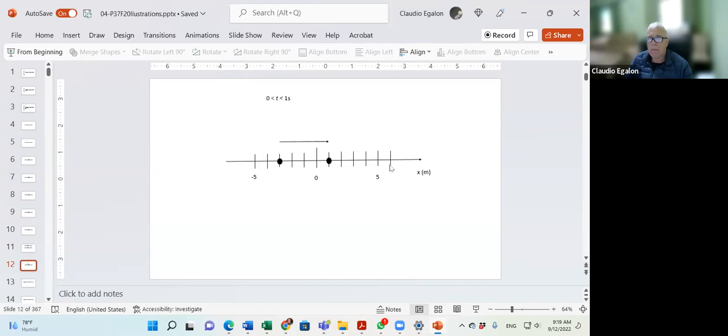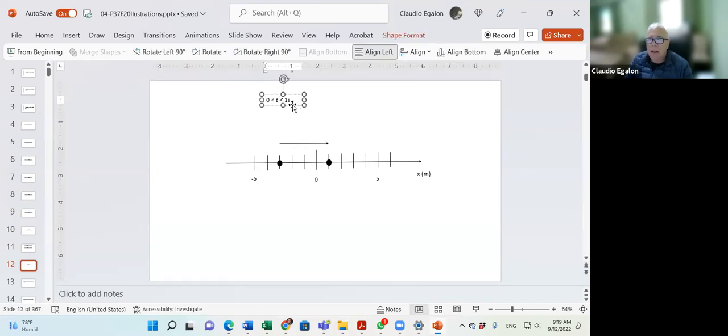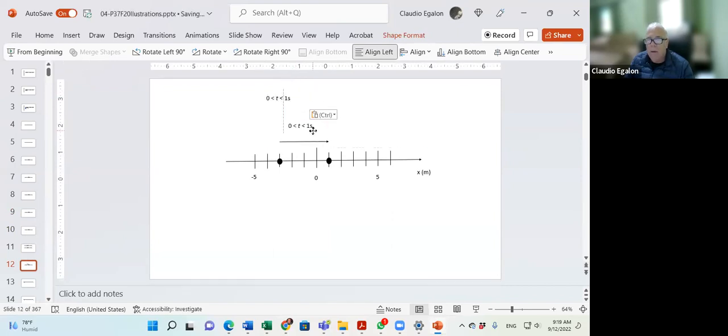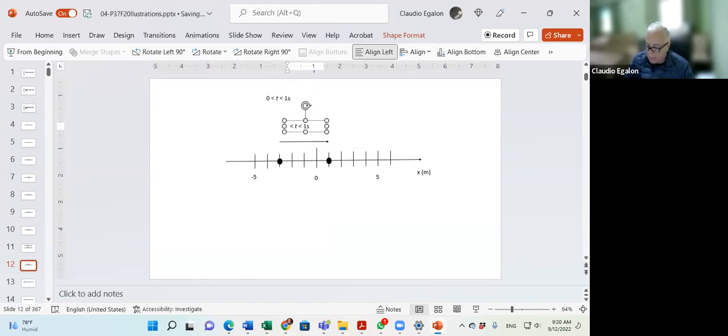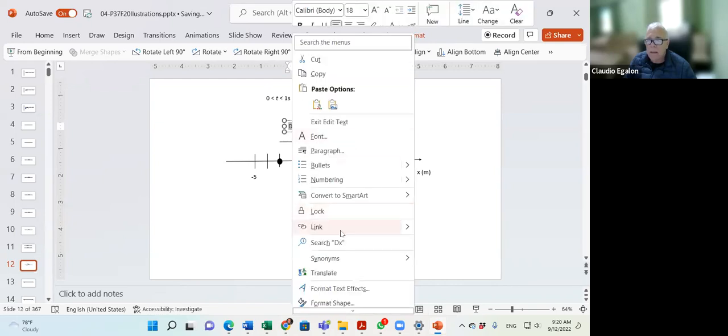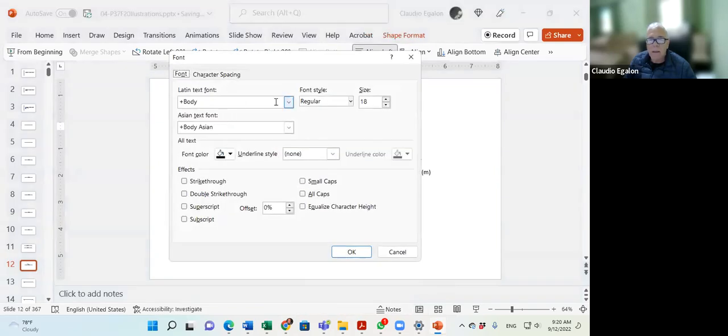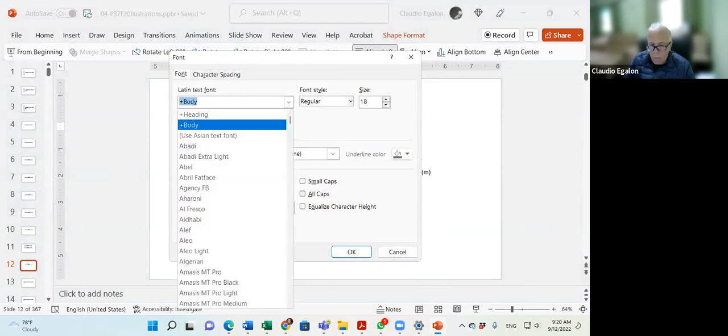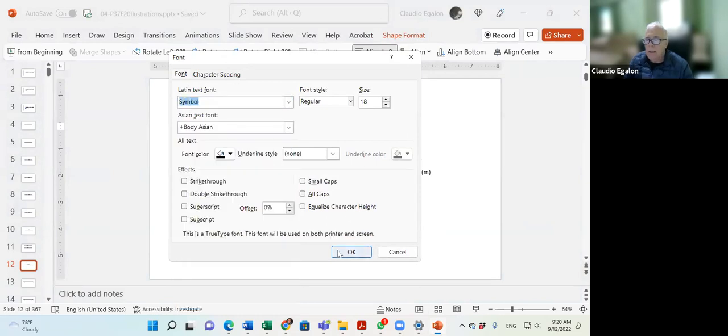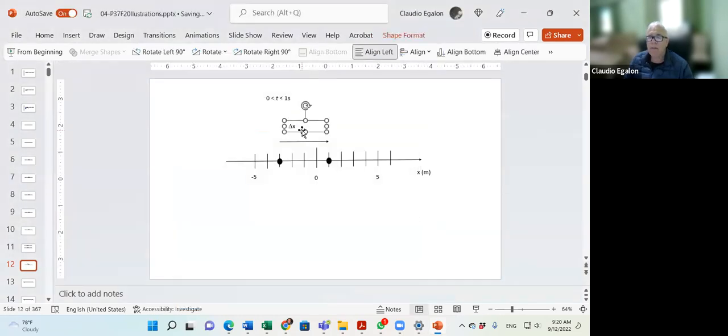So here you go. What you see written here is the displacement. I'm going to write it down here. Displacement. Here you go, delta x.